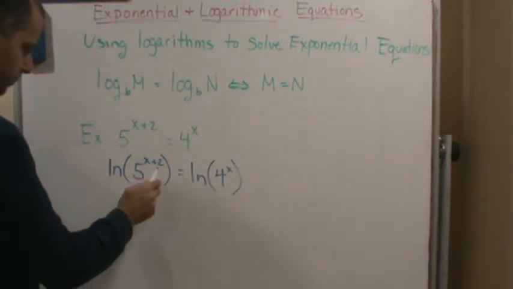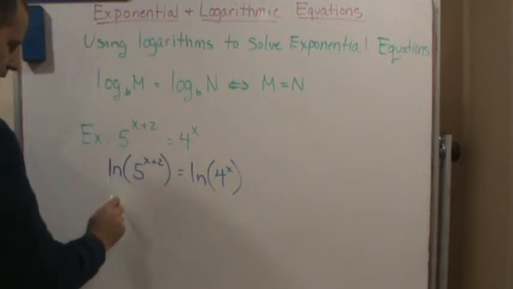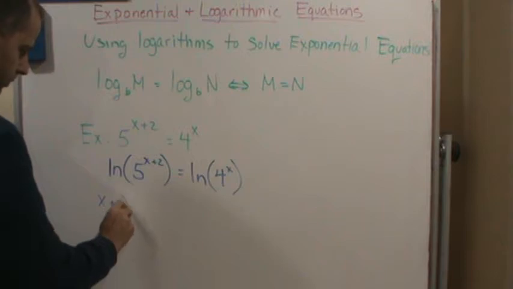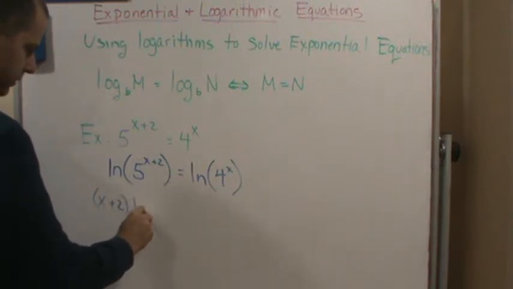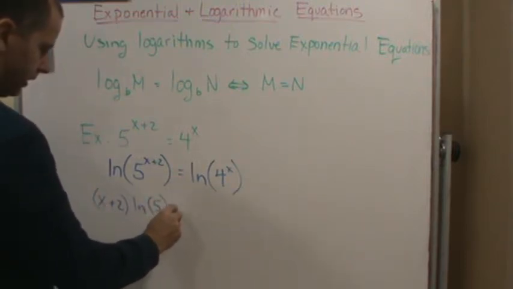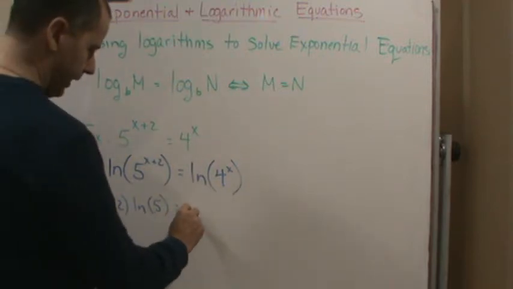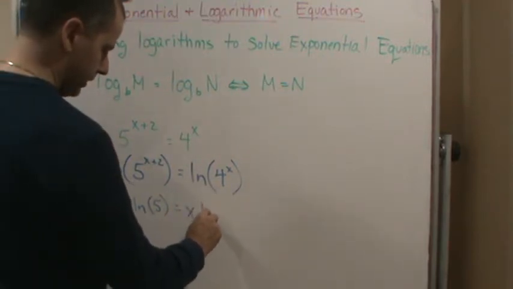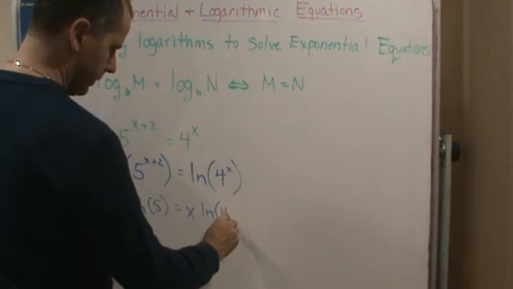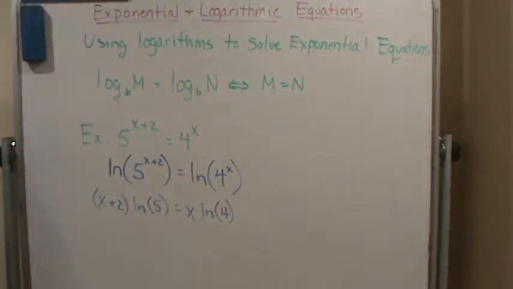So now I can pull this out in front, and I'm going to say this is the same as x plus 2 times the natural log of 5 is equal to x times the natural log of 4.